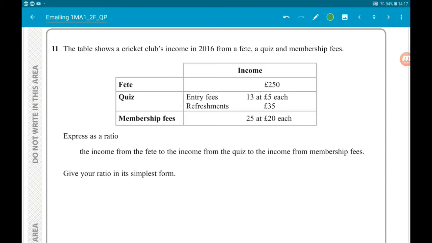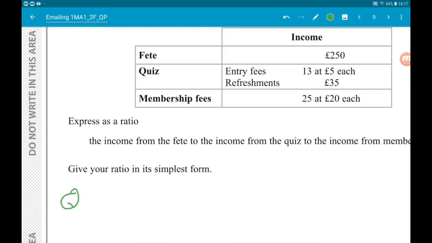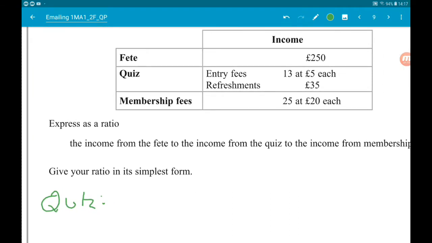Okay, so to do that, we need to work out the total made from the quiz and the total made from membership fees. So, for the quiz, 13 people entered, which cost £5 each. So 13 times £5 is £65.